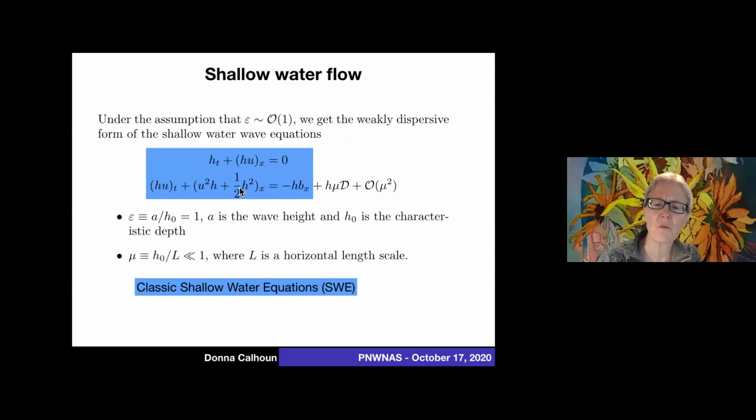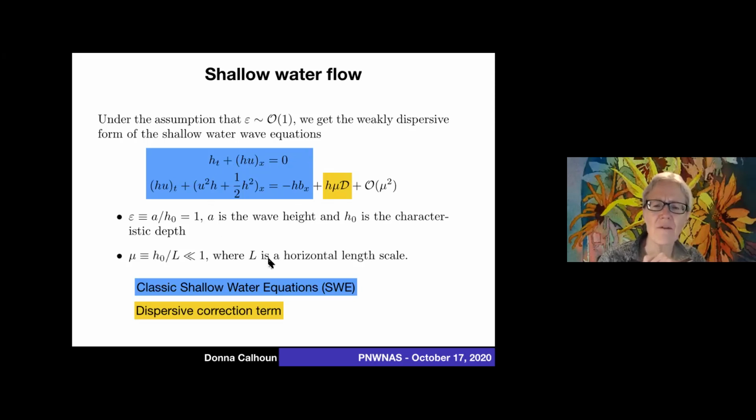It turns out what we can do is correct the shallow water equations with a correction term that accounts for these dispersive effects.